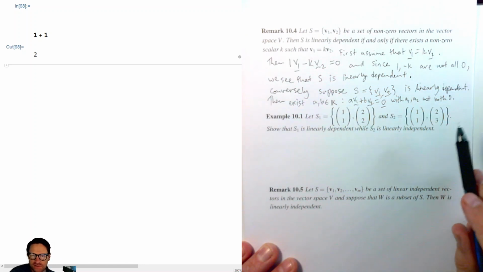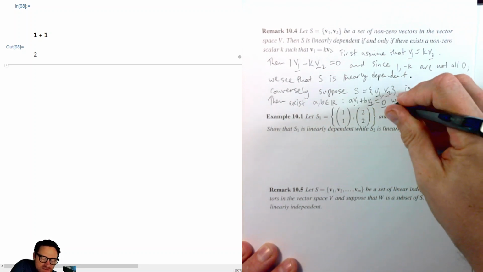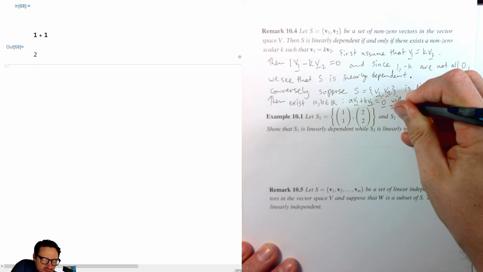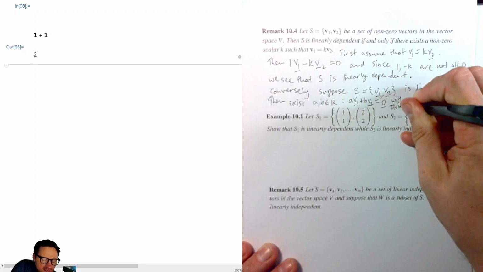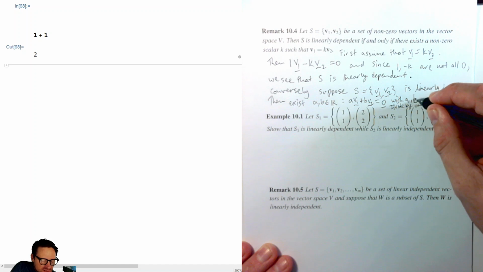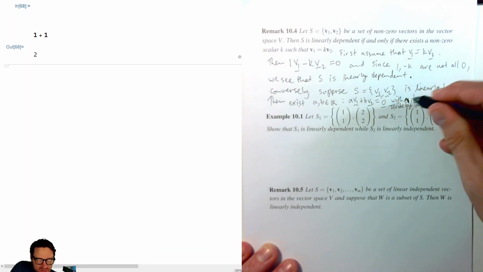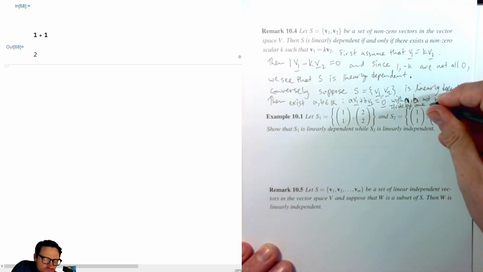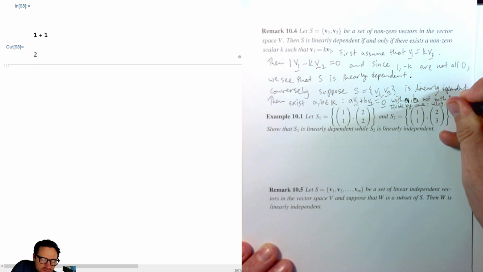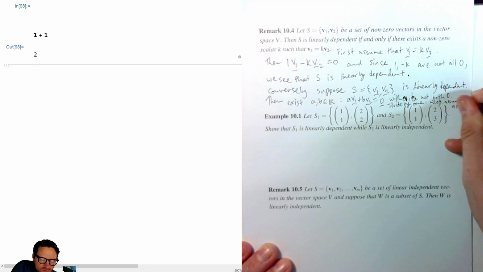Okay, so if they're not both 0, then we can divide by one of them. Without any loss of generality, assume that a is not equal to 0.